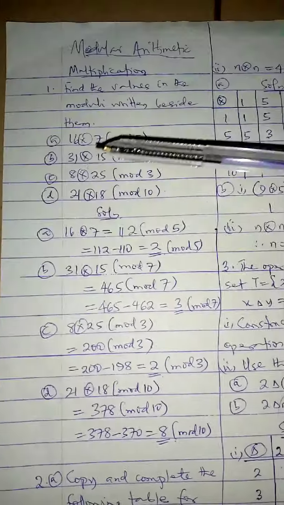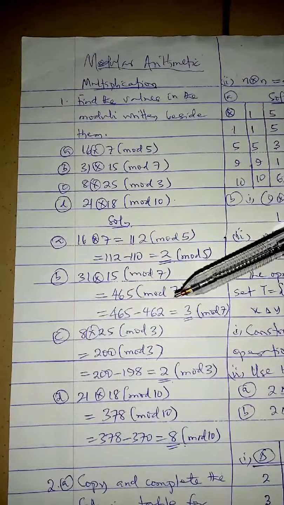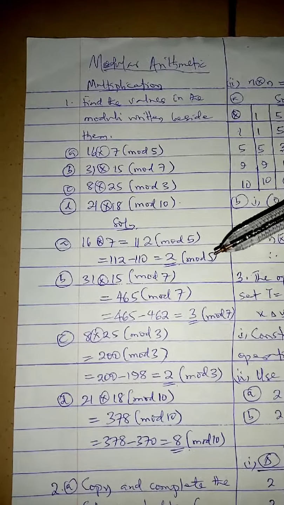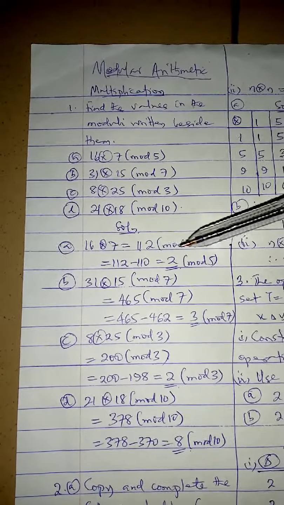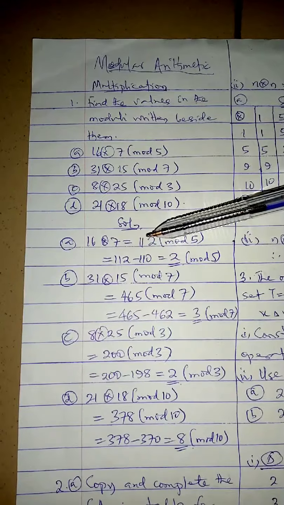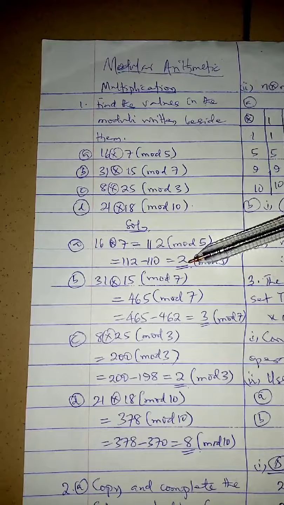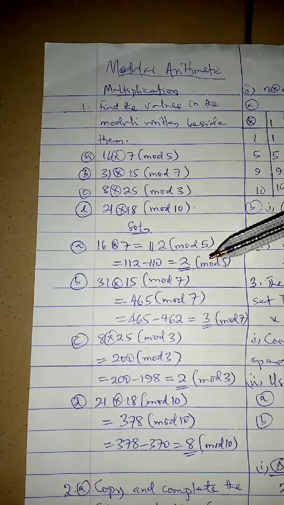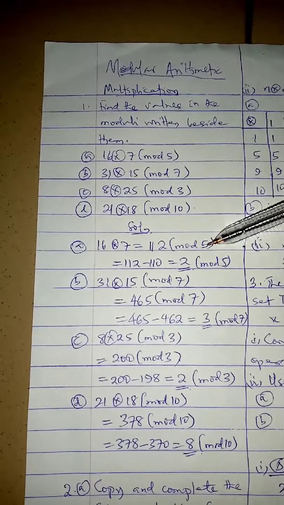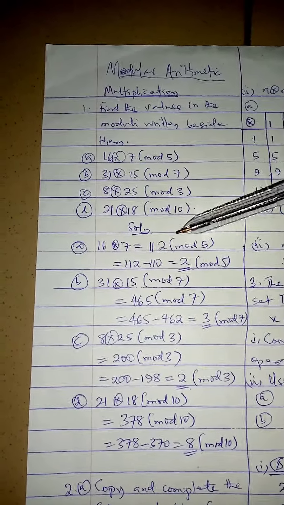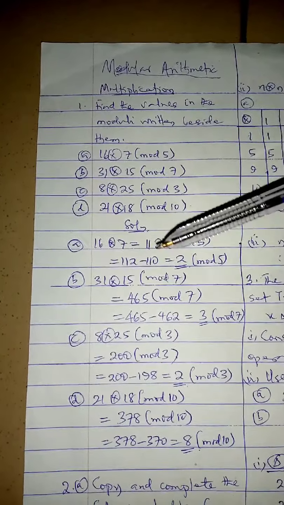Now, when you use 16 to multiply 7, it will give you 112. As we used to do, you can use 5 to divide 112. Then you write down your remainder, which will be 2. Or you subtract the multiple of 5 that is closer to 112 from 112.